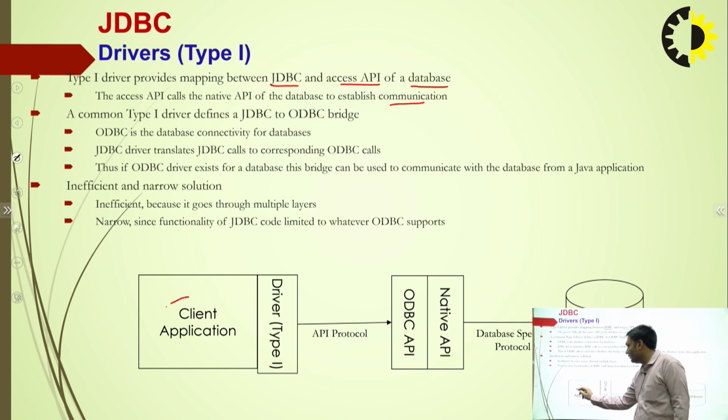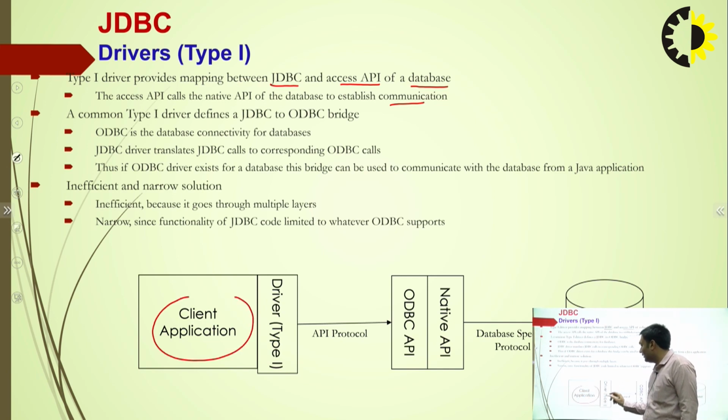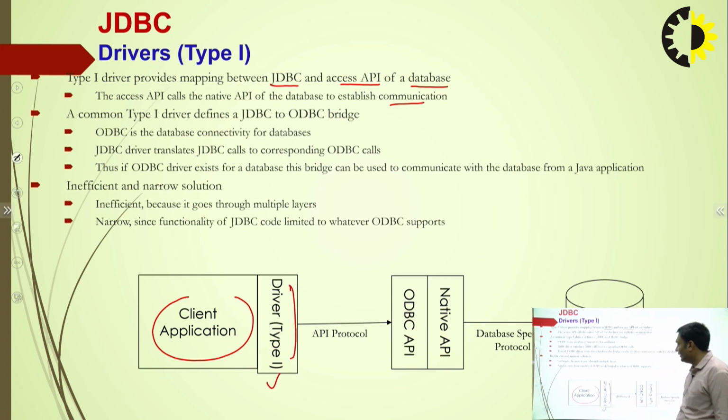There is a client application and there is a type 1 driver. Then the type 1 driver connects with two layers in between. One is the ODBC API and the second one is the native API, and then it connects to the database.